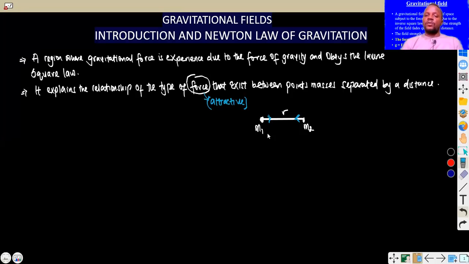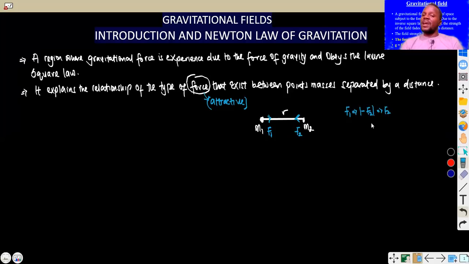This attractive force will be equal and opposite according to Sir Isaac Newton's third law of motion. So we say this force is F1, and the force here is F2, which from your knowledge of motion, F1 is equal to negative F2, and if you put this in modulus, it will be equal to F2.